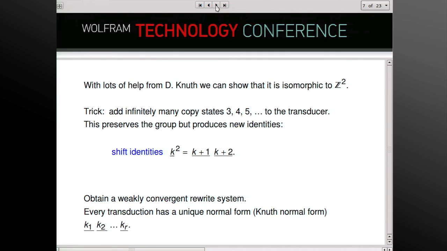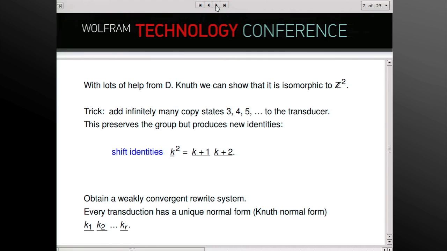But in this new setting, there are more identities. In particular, there's this identity: map k squared is the same as map k plus 1 composed with map k plus 2. So you can replace a higher power of map k by lower power maps using k plus 1 and k plus 2.